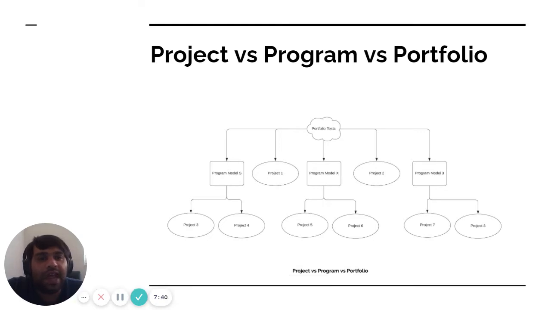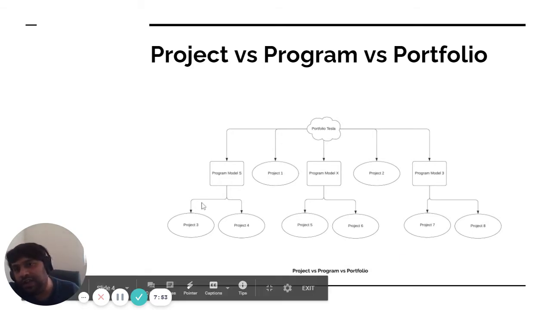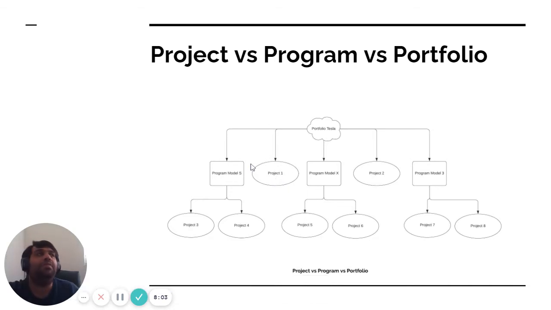So utilization of time, money, resources, and people is specifically allocated for the project. So it is a temporary thing. You are going to get some resources to do some particular project. Here you can see on the graph project 1, project 3, project 4, project 5, 6. So project 1, what is it? It comes directly under the portfolio.